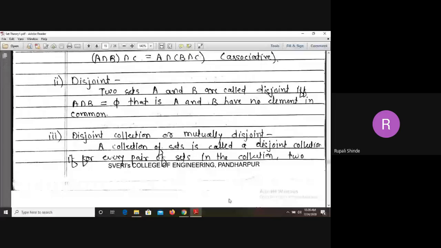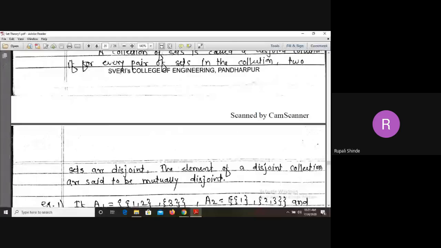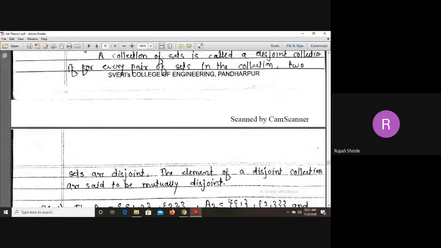So, if you consider any two sets from that collection, then for those two sets there should not be any element in common. Then only we can say that it is a disjoint collection, and the members of such a collection are called mutually disjoint. Okay, so this is the concept of disjoint.